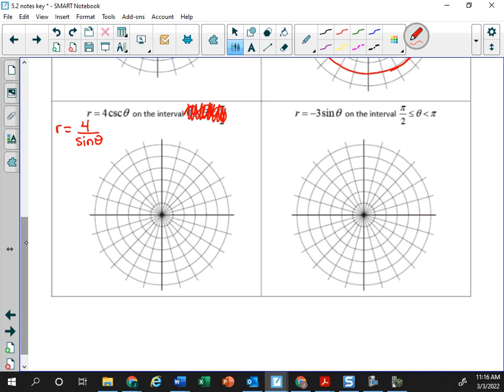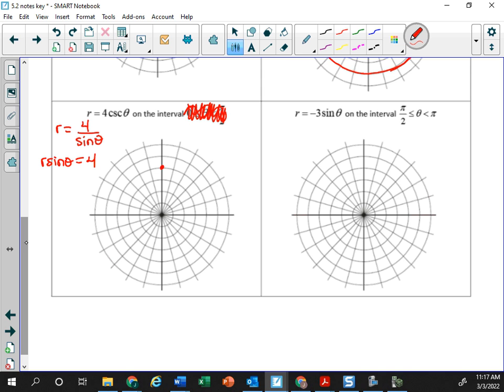Okay. Do you see how we could multiply both sides by sine? And I would then have r sine of theta equals 4. Yeah, then that's y equals 4. So what does it look like? Yeah, horizontal line at 4.